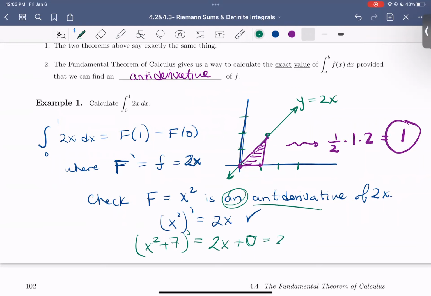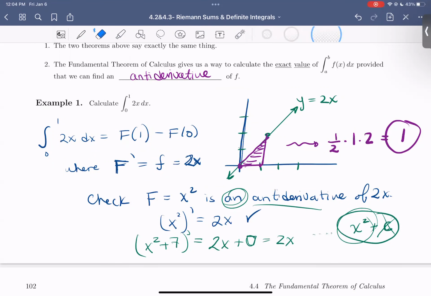So we also get 2x. So it turns out that a general antiderivative for 2x would look like x squared plus any constant we want to add there. But for actually computing the integral, it doesn't matter what constant we put there. So the easiest thing to use is just x squared.